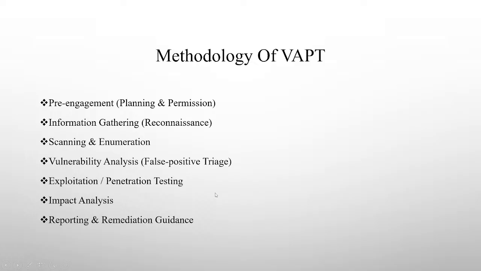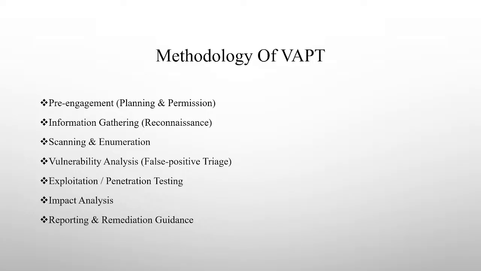Now for methodology: there are basically only 5 methodologies of VAPT, but when we find vulnerabilities in a website and report them in a bug bounty program, there are 7 steps of VAPT, covering how we perform it and how we submit.